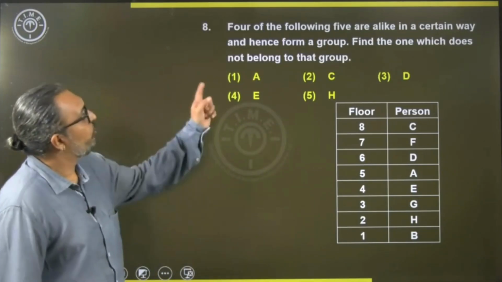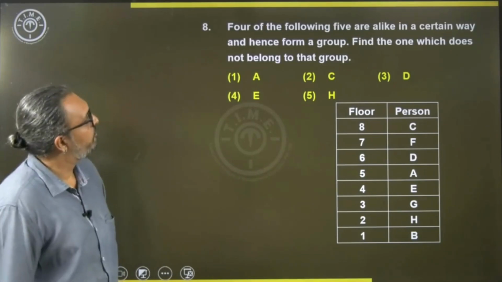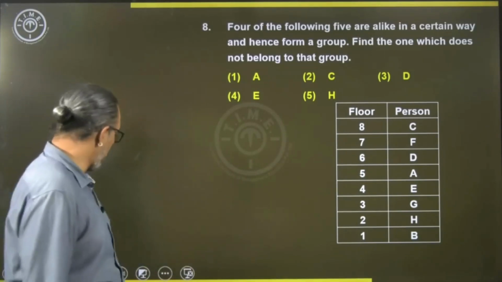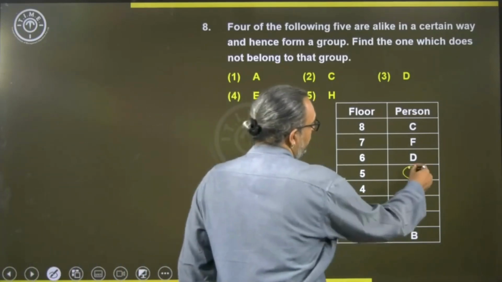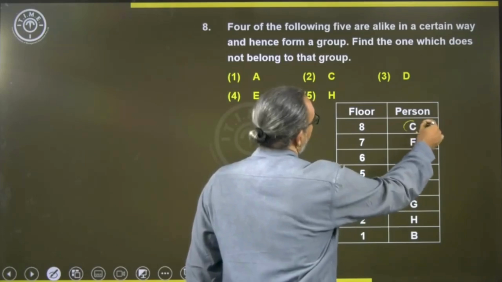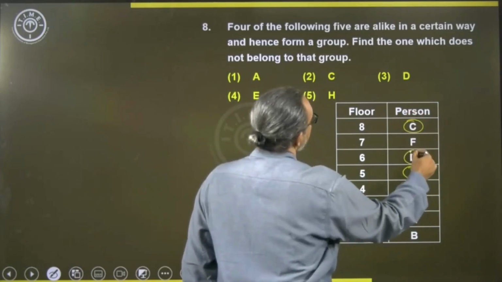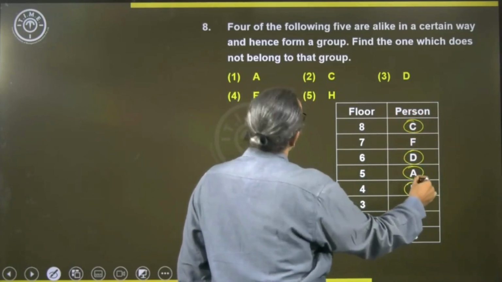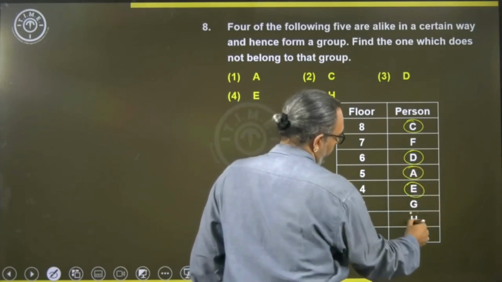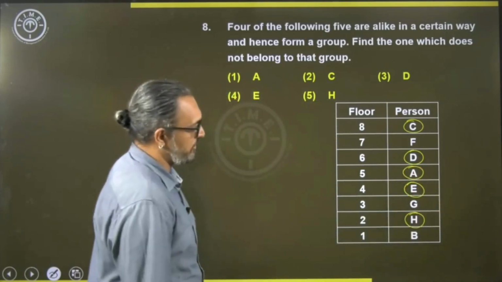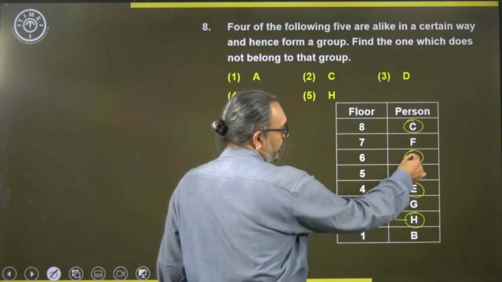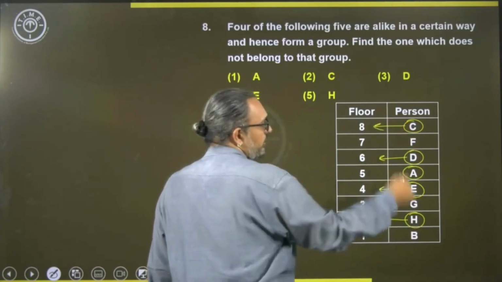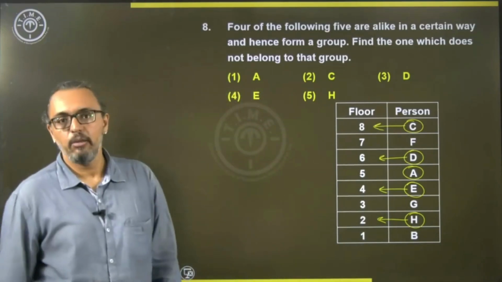Then, 4 of the following 5 are alike in a certain way and hence form a group. Find the one that doesn't belong to that group. Okay, so let's see. We have A, then C, then D, then E, and then H. Now if you observe, look at the floor number for H, E, D and C. Can I say they are all even numbers?